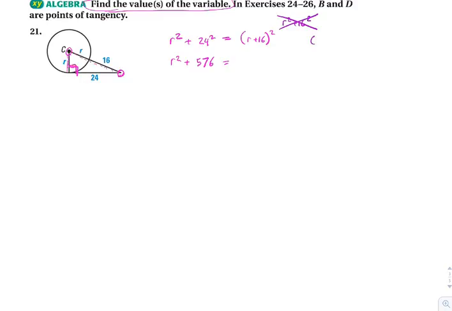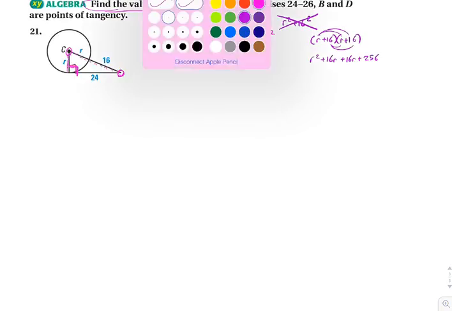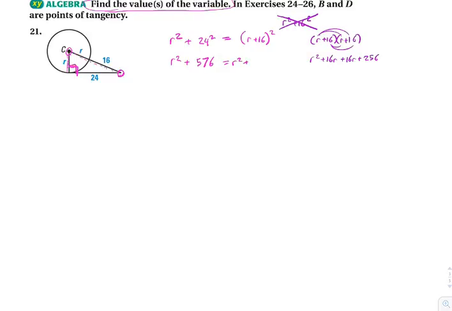So to actually figure that out, we go r plus 16 times r plus 16, and we multiply out these binomials. So we get r squared plus 16r, and then plus 16r plus 16 times 16, which is 256. So over here, we get that that's r squared plus 32r, just combining our like terms, plus 256.